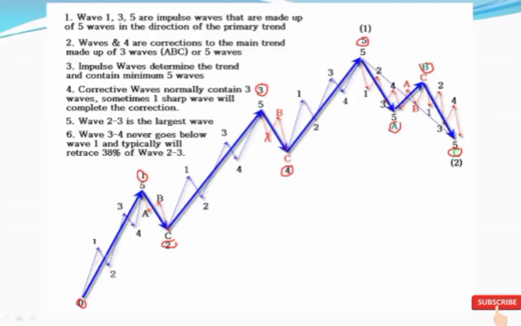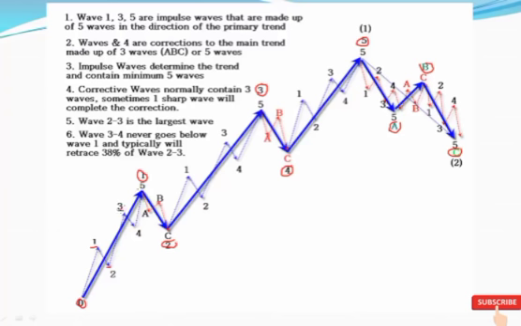Now each segment of a trend, this is a big primary trend, the big trend up, each segment from 0 to 1, from 2 to 3, and from 4 to 5, will have its own little series of mini swings and its own 5 wave.